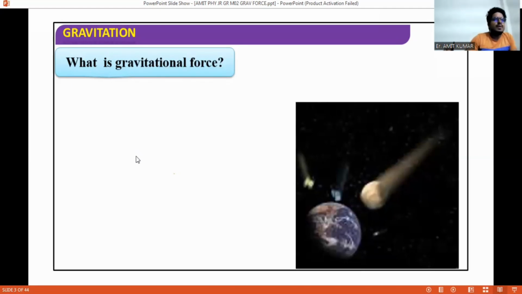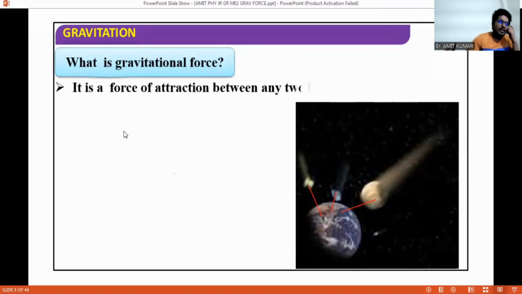If I ask what gravitational force is: between heavenly bodies in space there will always be a force. If you take two heavenly bodies, there is a mutual gravitational force between them. So gravitational force is the force of attraction between any two bodies due to their mass.